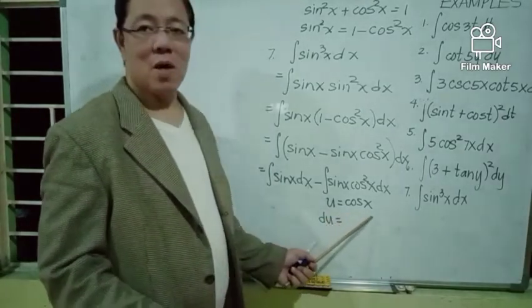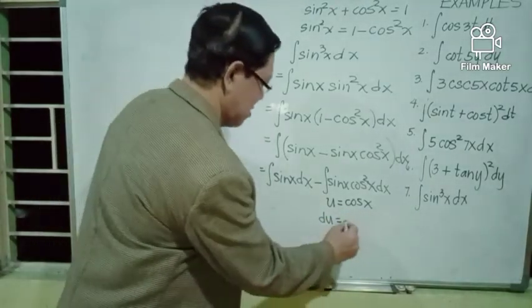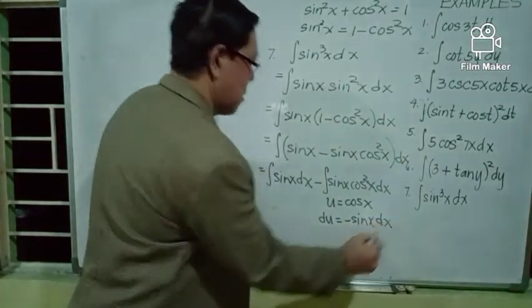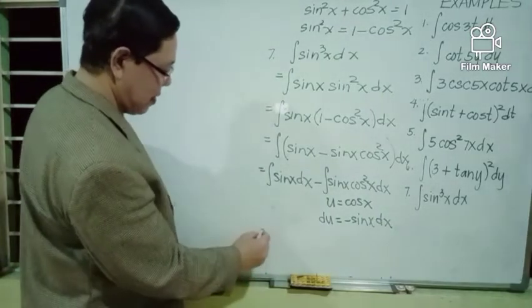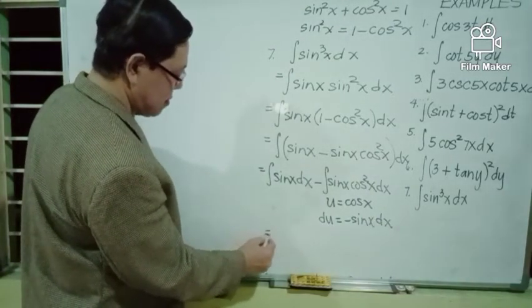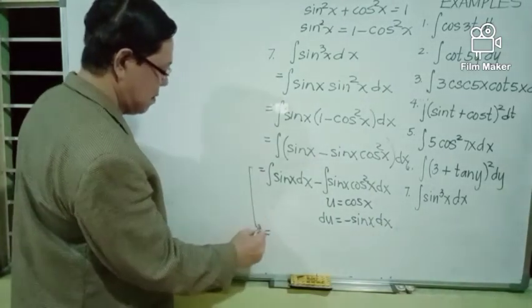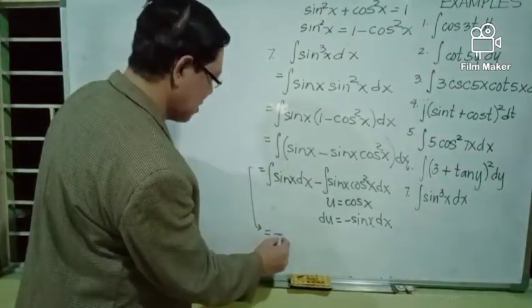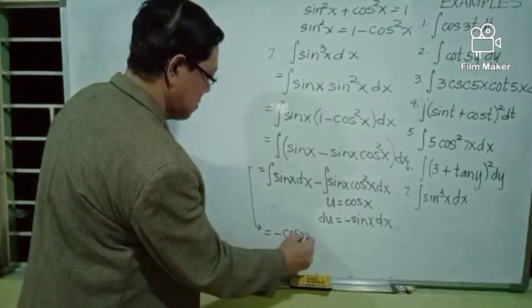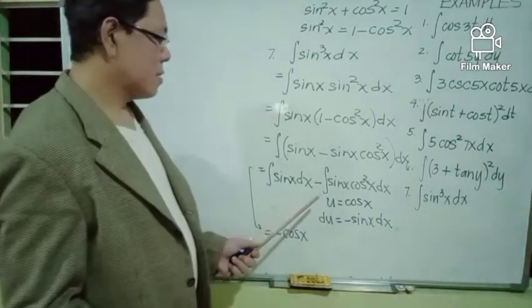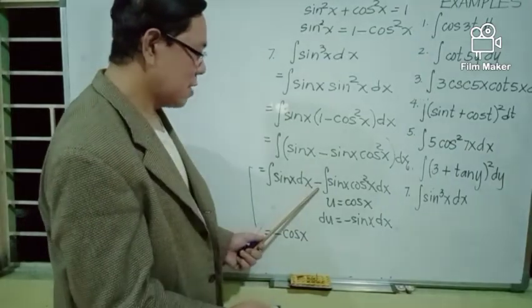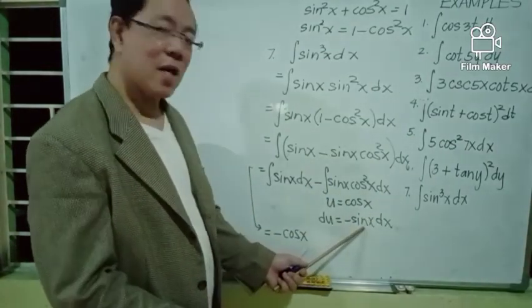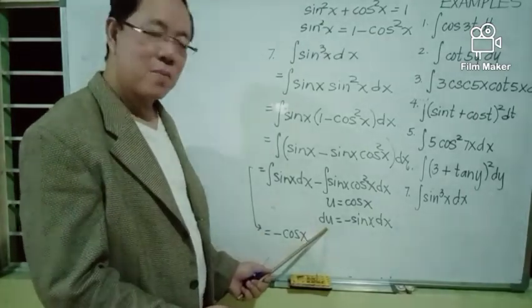And the derivative of cosine is negative sine x multiplied by dx. Negative sine x dx is positive du.